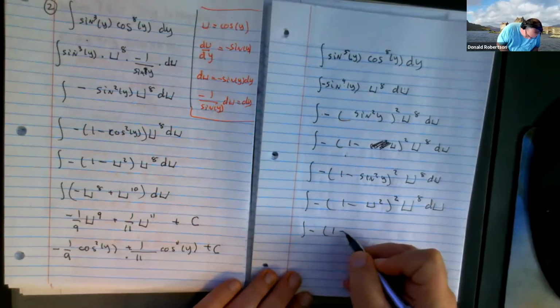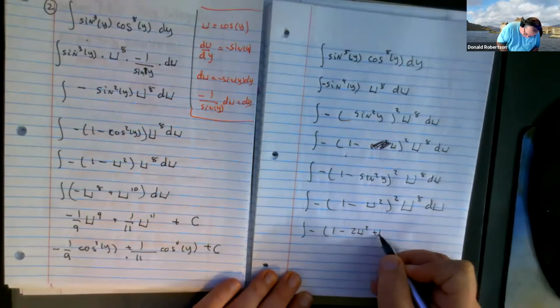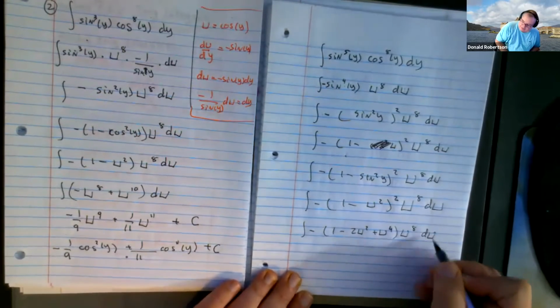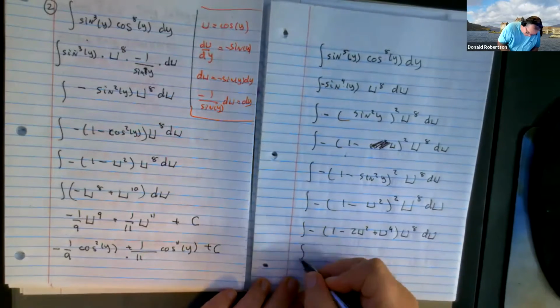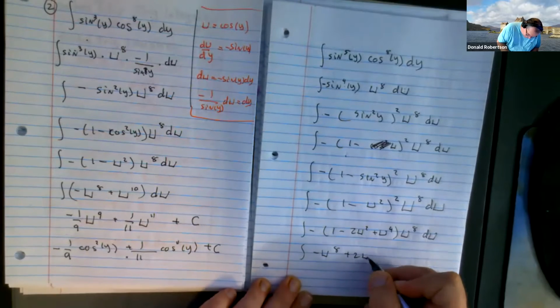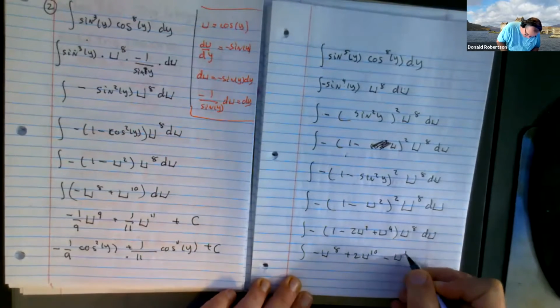So can you trust me? Although, what I'm going to do, I'm not sure if you should. Would you agree it's that guy? And then FOIL it out, you know, distribute it, and so what do you get? It looks like a negative u to the 8, a 2u to the 10, and a negative u to the 12.